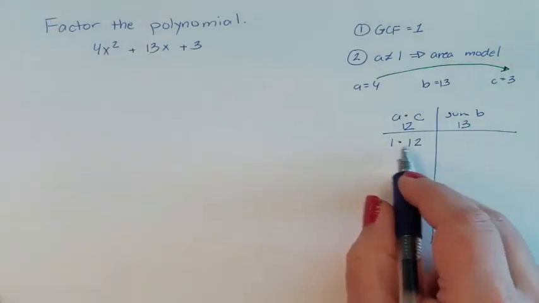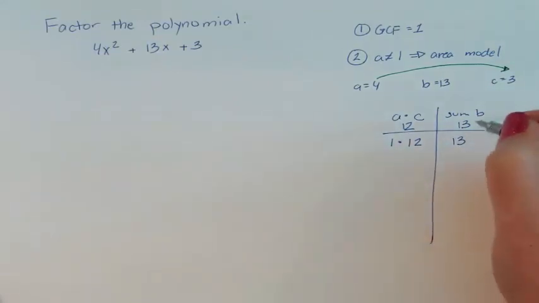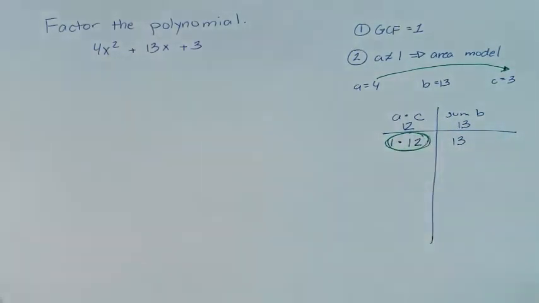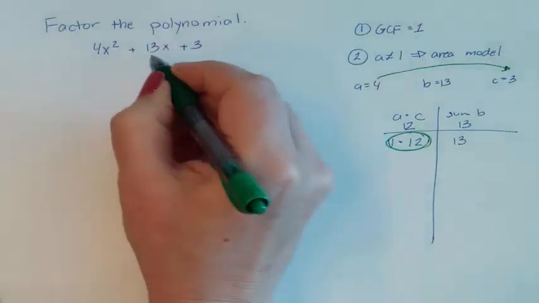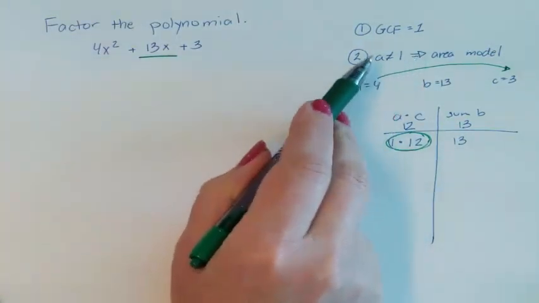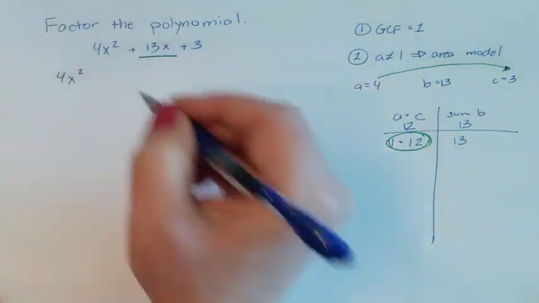I know that 1 times 12 gives me the 12. 1 plus 12 gives me 13, which is the number that I needed. So I just found the two values that I need. Now we needed to split this middle part so that we could actually factor it, because we have to use the area model. So this 4x squared stayed exactly as it was.